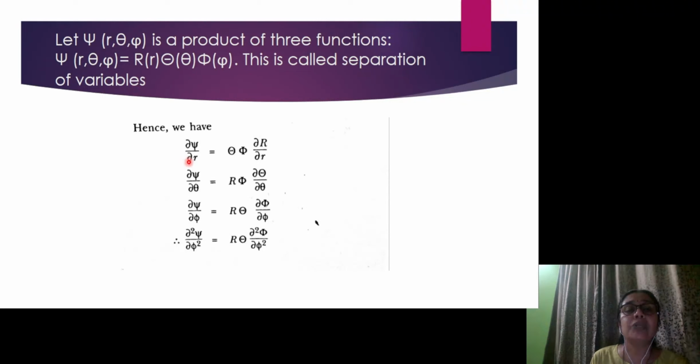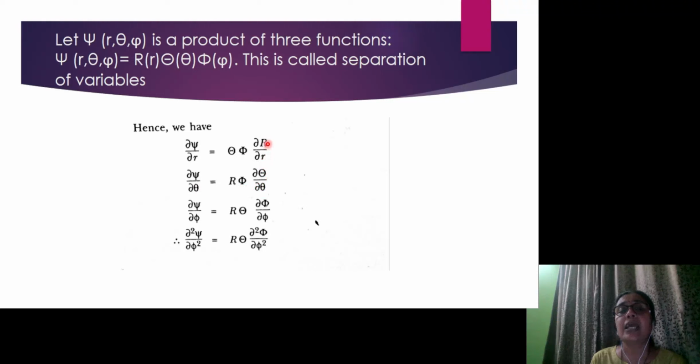So by using the rules for partial derivatives, del psi by del r will be equal to Theta Phi del R by del r. Why? Because we know that if the function contains theta and phi and we are calculating the partial derivative with respect to r, the terms containing theta and phi will be treated as constant. Similarly, del psi by del theta will be R into Phi into del Theta by del theta.